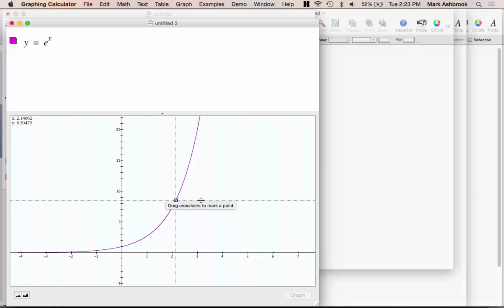This is our amount function, and I've got the point x equals 2.14062, with amount 8.504.